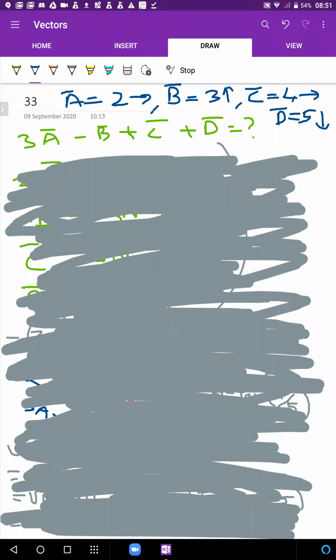Root 125 is wrong, but Ishan and Bhavya, your answers are right. Eight root 2 is also wrong.